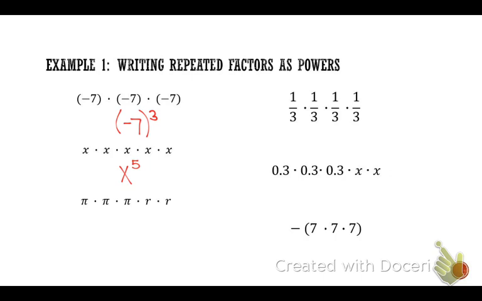Now, on the next one, we see different terms repeating. That doesn't mean that we smush them all together and say to the 5th power. How many times does pi repeat? That's just a symbol. 3, so I would say pi to the 3rd power. And how many times does r repeat? 2, so r to the 2nd power. Here's what's important.